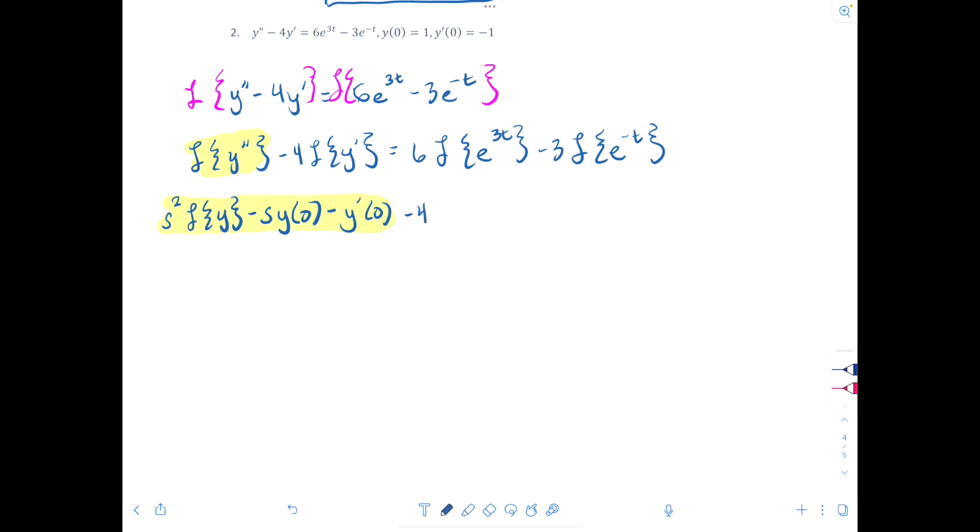Minus 4 times L at y prime. So that's just going to be s to the 1, because it's the first derivative of y, times L at y minus y at 0.